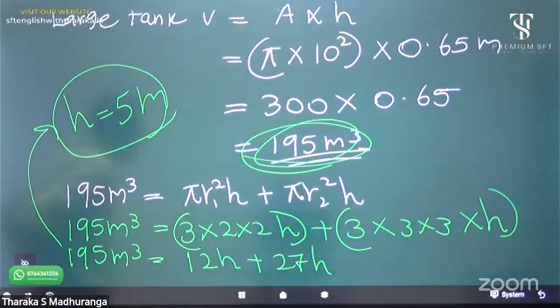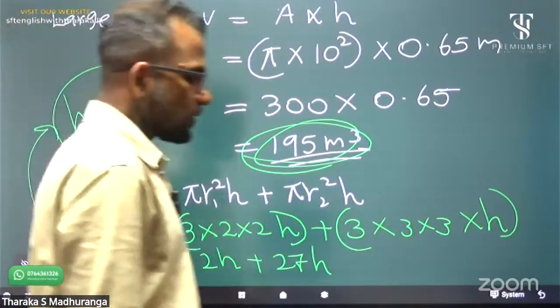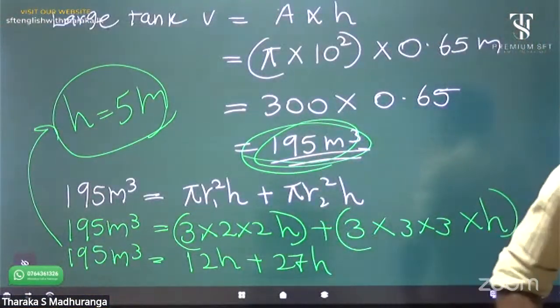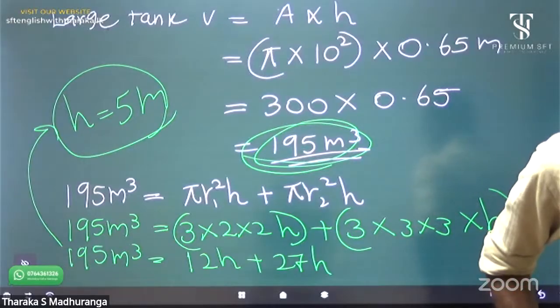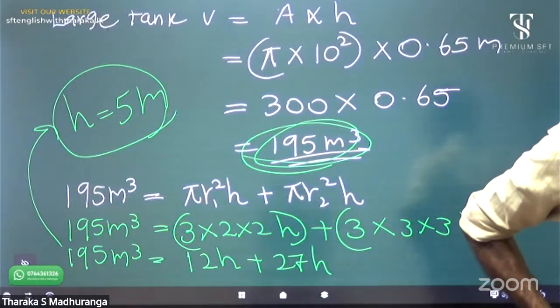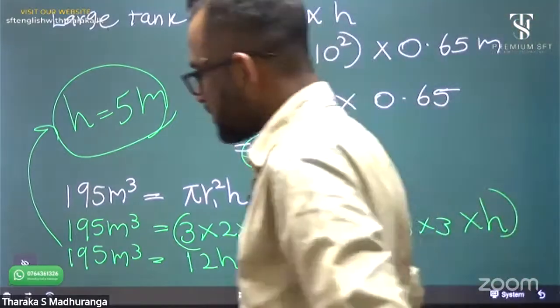Right. Okay. Do you have any doubt? Today we discussed thermal expansion, an important part, and area and volume, very important, a very advanced question.